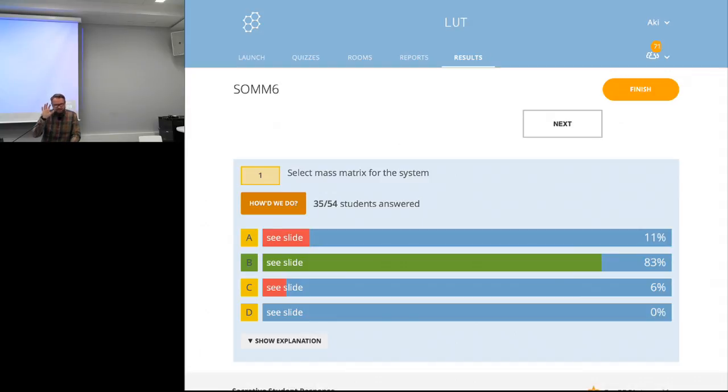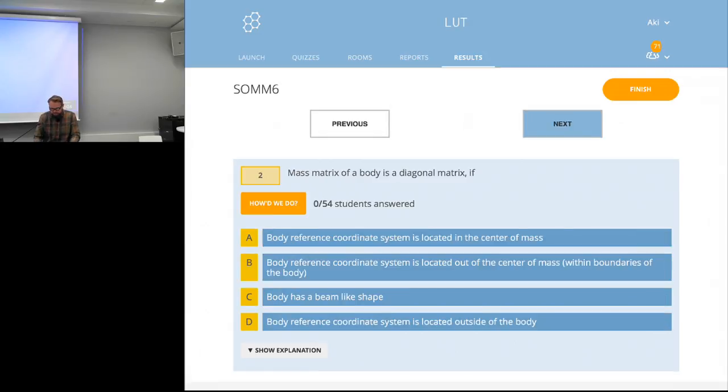83%. Now I'm going to move on to the next question, which is the one you can see right now in your Socrates. I'm asking: the mass matrix of the body is a diagonal matrix if the body reference coordinate system is located in the center of the mass. Body reference coordinate system is located out of the center of the mass, but within the boundaries of the body. Body has a beam-like shape.